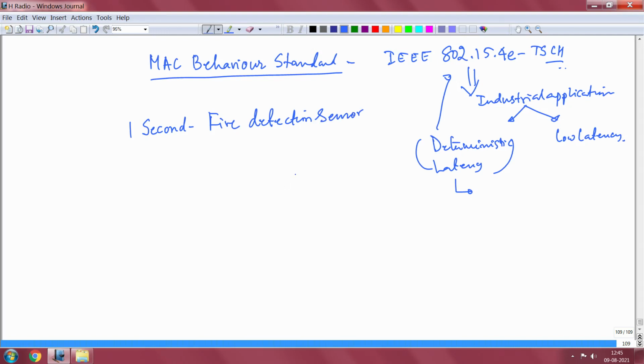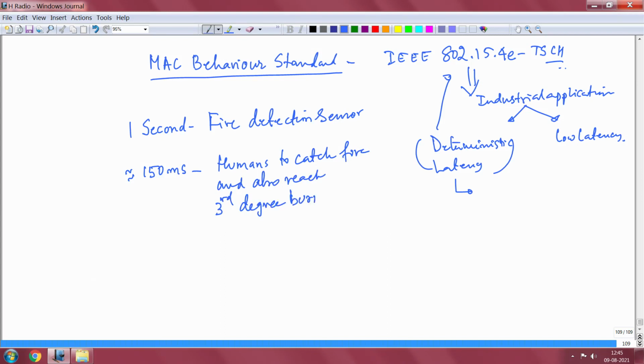But you need only, I think, around 150 milliseconds for humans to catch fire and also reach 3rd degree burns. 3rd degree burns can actually happen in 150 milliseconds.